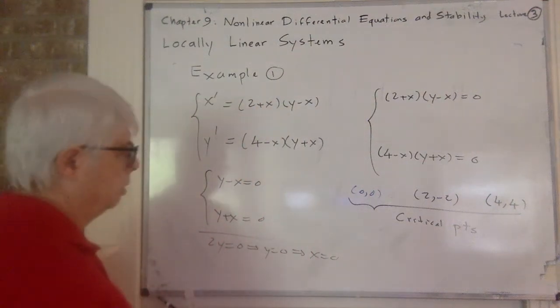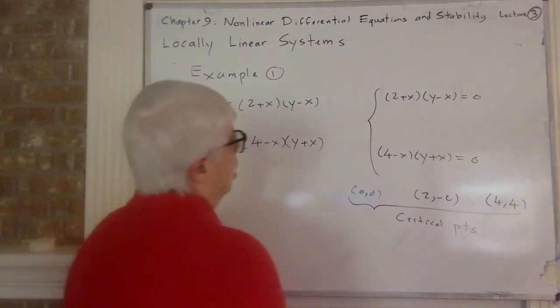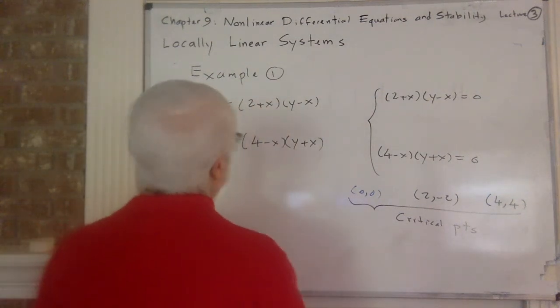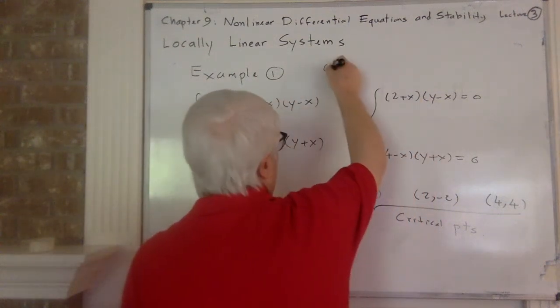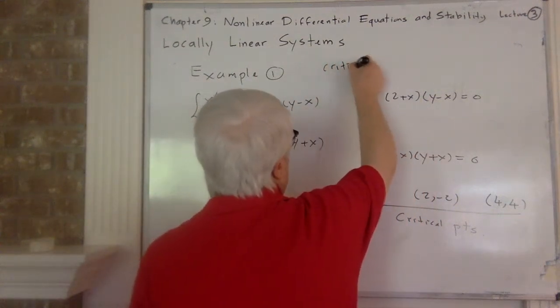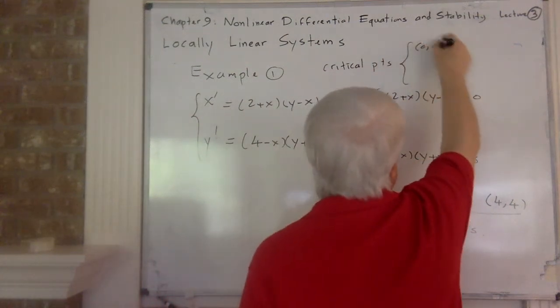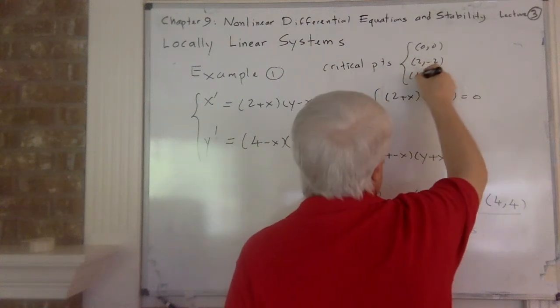Okay? So let me write the critical points somewhere so I can erase this thing. Critical points are 0, 0, and then 2, minus 2, and 4 comma 4.